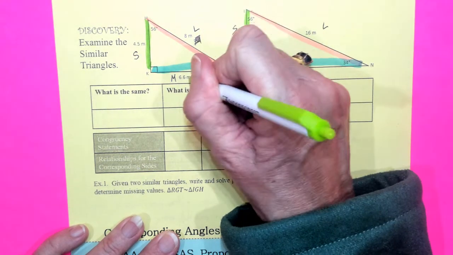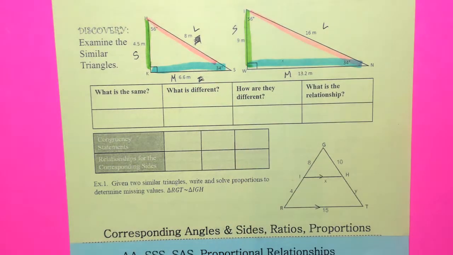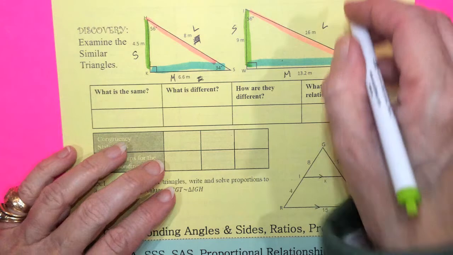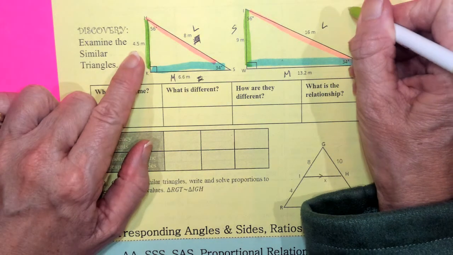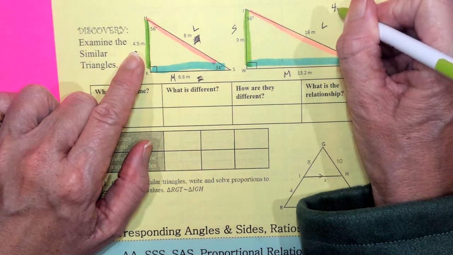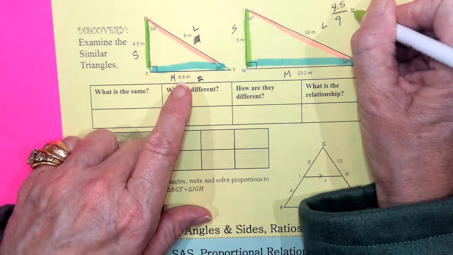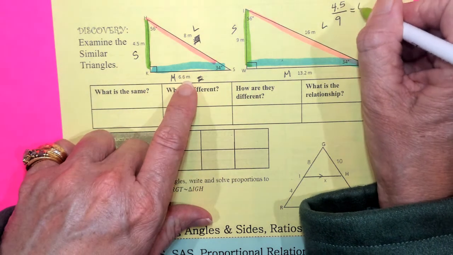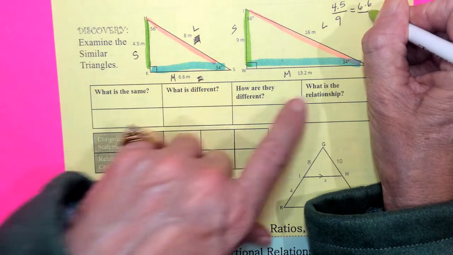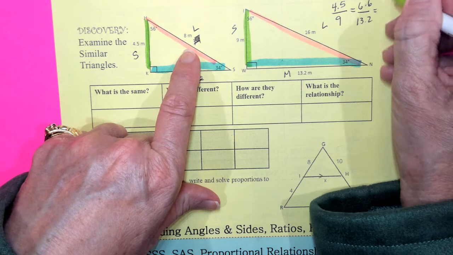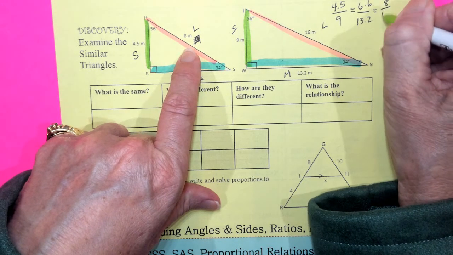Okay? So in order to determine if they really are similar, all their ratios for the similar sides would have to be at the same ratio. So that means my small side's 4.5 compared to 9 has to be at the same ratio as 6.6 is to 13.2 as 8 is to 16.